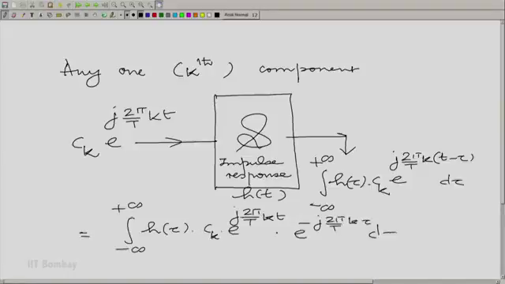That becomes essentially an integral with respect to tau of the product of h(τ), c_k e^(j 2π/T · kt) and e^(−j 2π/T · kτ). Now, notice that this quantity is independent of tau, and that can be pulled outside the integral.